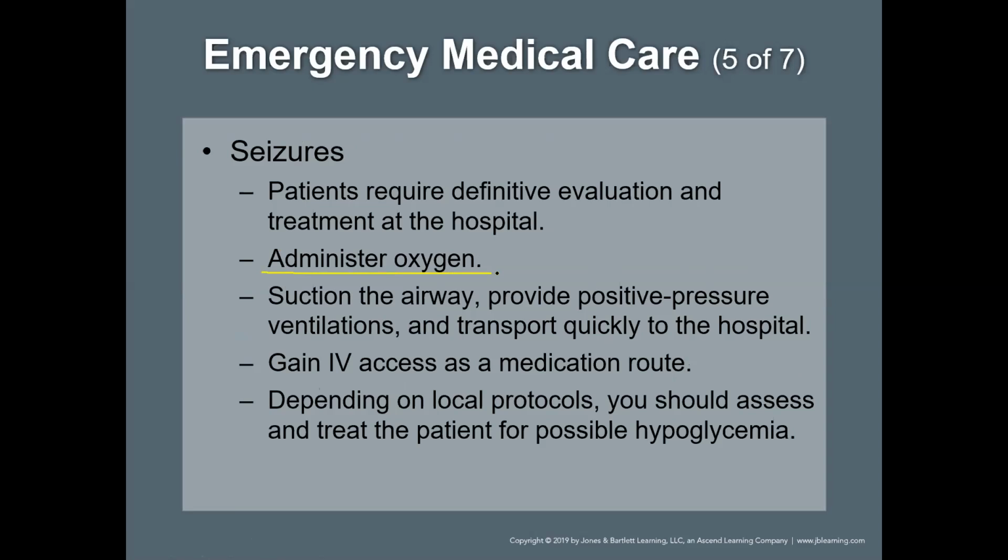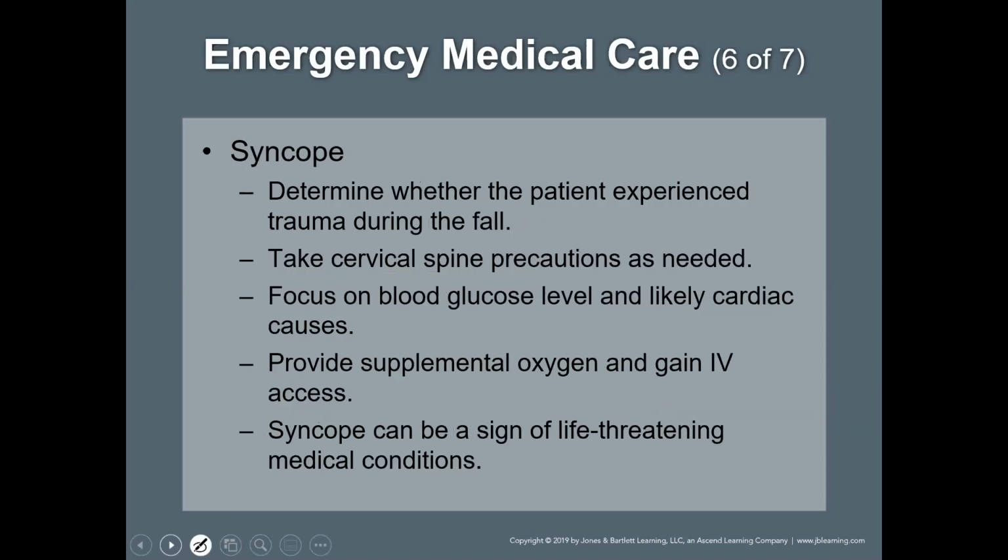So get IV access as an advanced, check their sugar. It might be the seizures caused by hypoglycemia. If it is, treat the hypoglycemia and the seizure will go away. Syncopal episodes, look for trauma, ask what happened. So spinal precautions as needed, check their sugar, check their heart, do an EKG if you can.